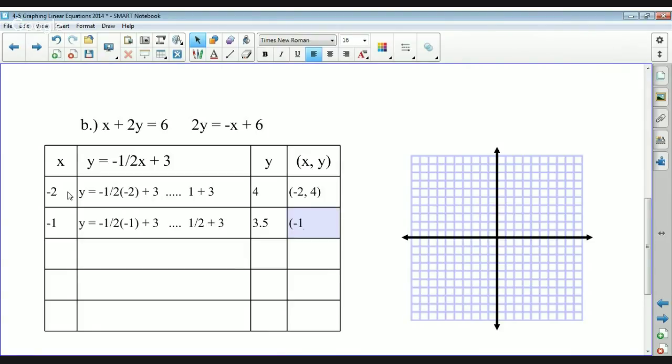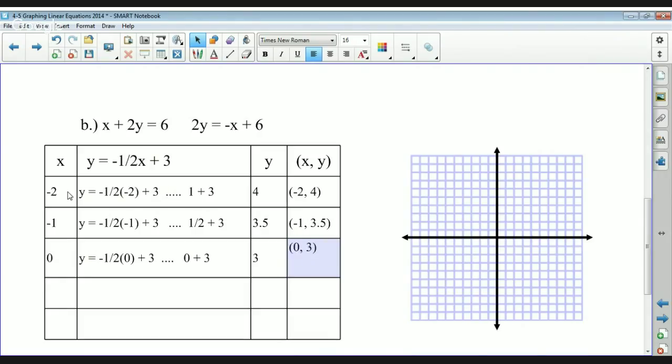So my ordered pair is -1, positive 3.5. Go to 0: y equals -1/2 times 0 plus 3. Half of 0 is still 0, plus 3 is 3. So 0, 3 is my third ordered pair.